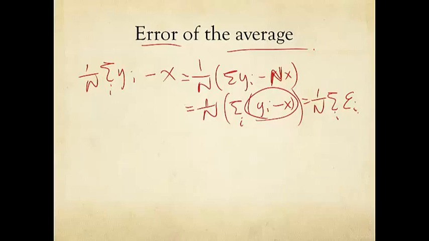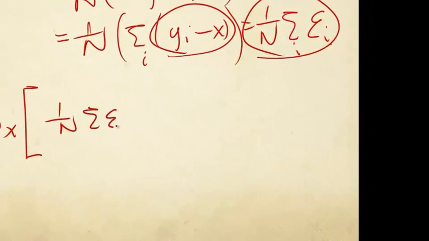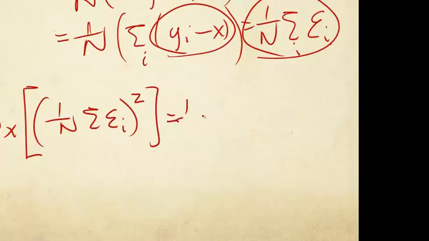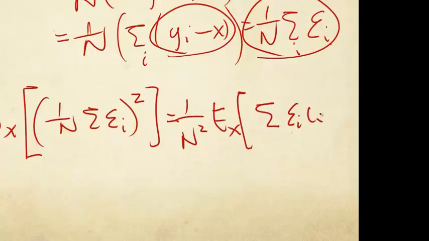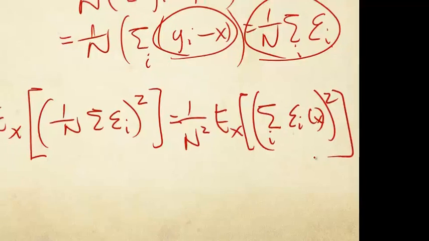So now this error of the average is what we want to look at, and we're going to look at it as the expectation over the distribution of X of (1 over n summation epsilon i) squared, which equals 1 over n squared, which we can take out of the expectation, times the expectation of (the summation of epsilon i, summing over i) squared.